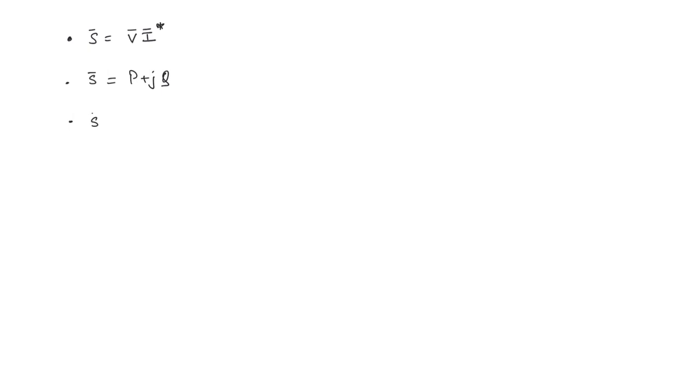Now another is in terms of the impedance. So V bar I bar conjugate you can write as V bar divided by Z conjugate. So what are you going to get? Mod V whole square divided by Z conjugate.